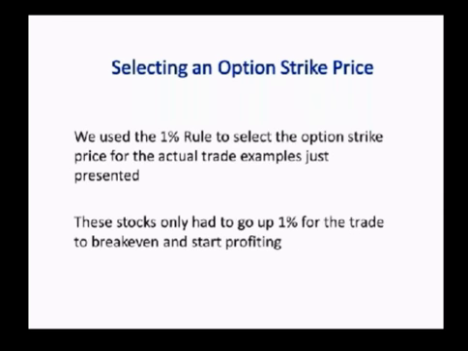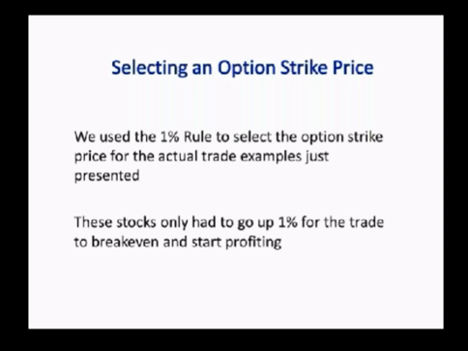A lot of times the underlying stock won't make that expected price move. If it has to go up 10% before option expiration or you're going to lose 100% of your option premium, a lot of times it won't make that move, and you'll lose 100% of your option premium.